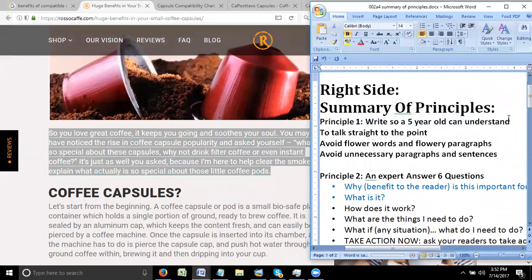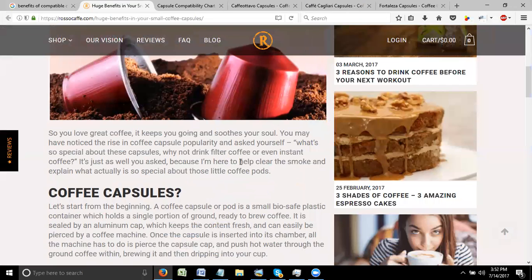I mean, just answer the question. We are not here to win a writing award. We are not here to impress the readers. We are here to communicate information, because our goal, remember, is not to impress the reader with the article. Our goal is to convince the reader to buy.